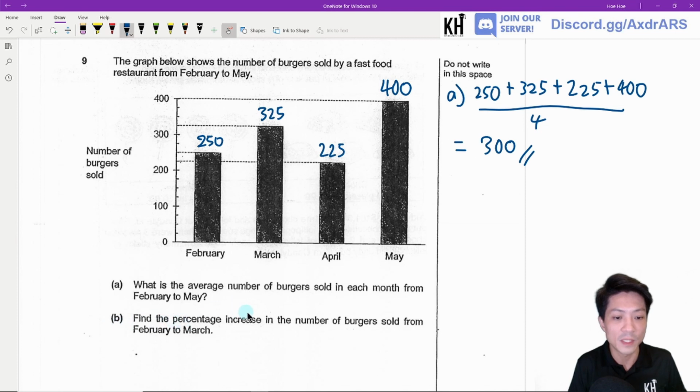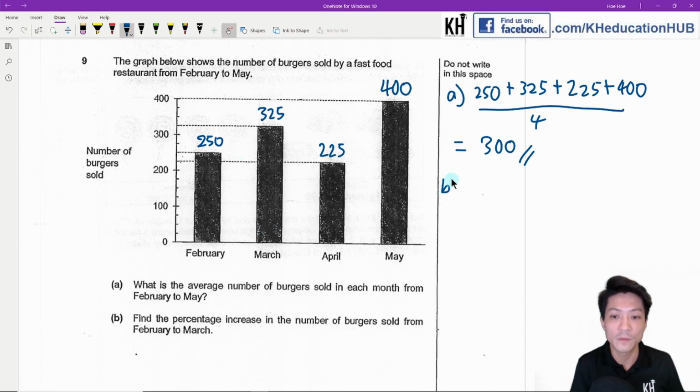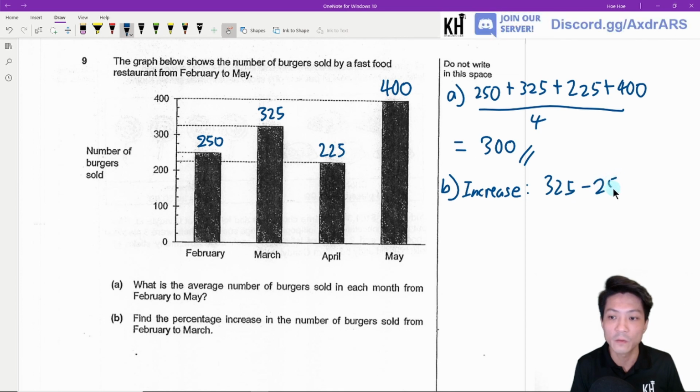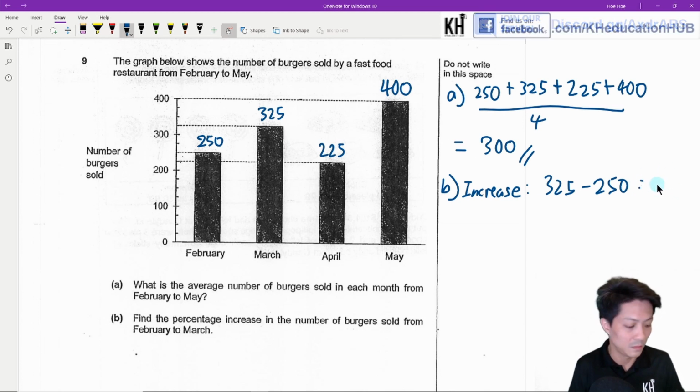Part B, find the percentage increase in the number of burgers sold from February to March. For part B, the first thing we need to find is the increase. The increase is 325 minus 250, which is 75.